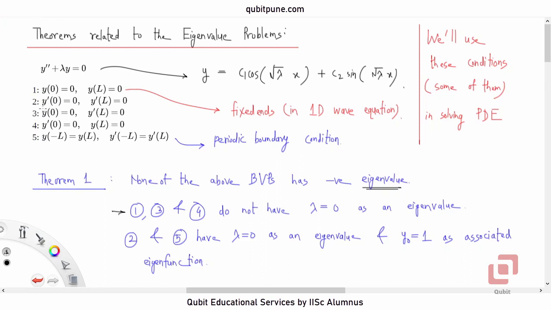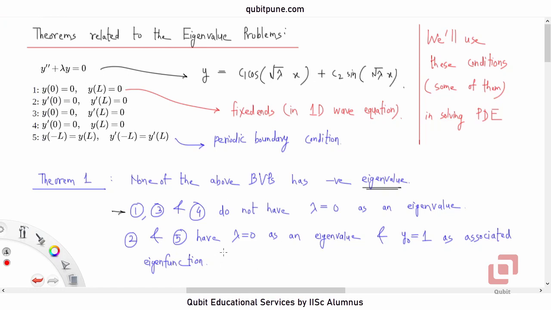And the boundary conditions 2 and 5, that is, y dash of 0 equal to 0 and y dash of l equal to 0, and the periodic boundary conditions, these do have 0 as an eigenvalue. You know that if lambda is 0, then this will give you the linear solution, y equal to c1 x plus c2.